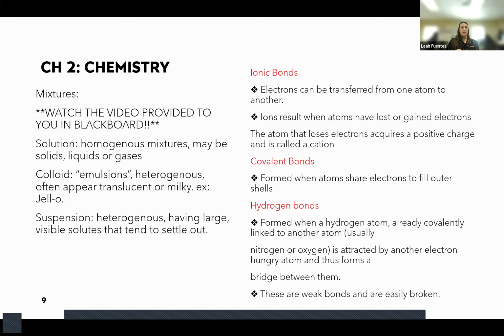Solvents are usually the substance in the greatest amount. So what there is more of. And there's usually something that's always a solvent. Does anybody remember what that is? Water. Yeah. Water is usually always the solvent. And then solute is the substance in smaller amounts.